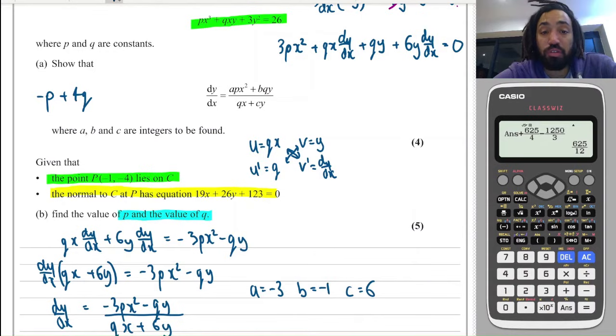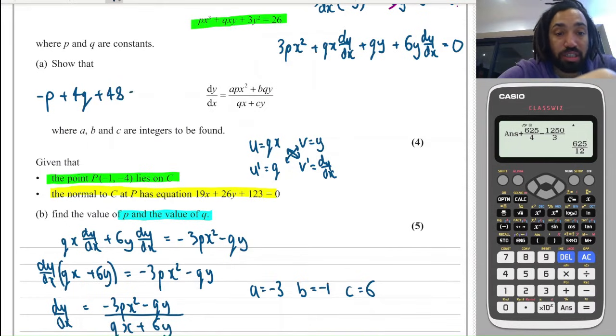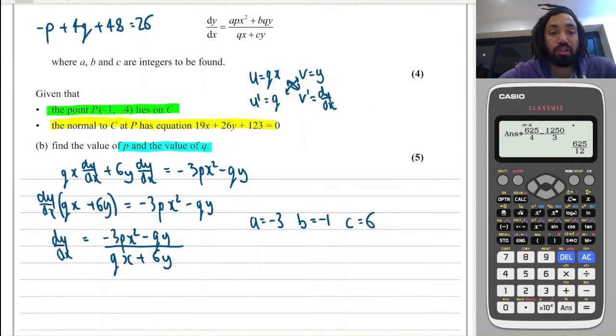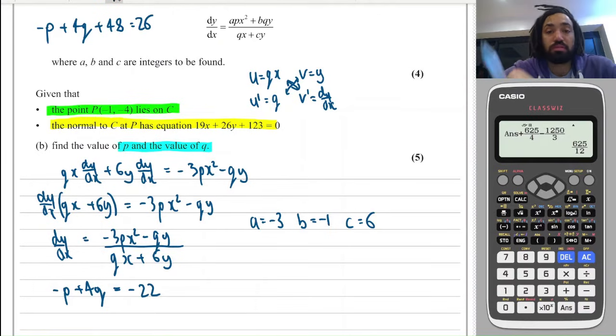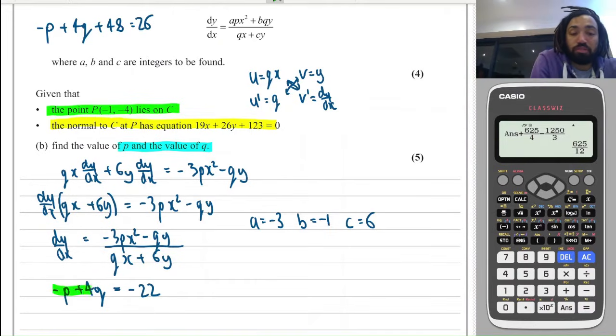And then we've got 3Y squared, so Y is minus 4, square it 16, times 3, 48. And that equals 26. So I can say my green equation is minus P plus 4Q, and that's equal to minus 22. And that comes from my green bit of information.